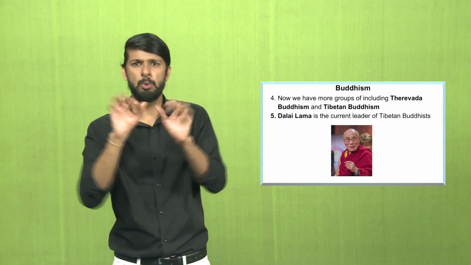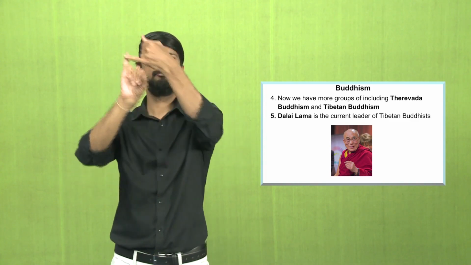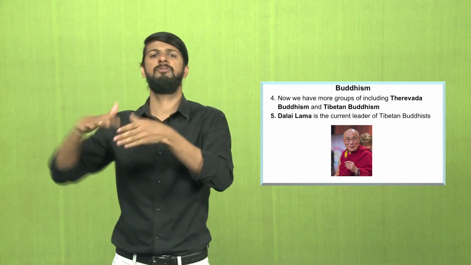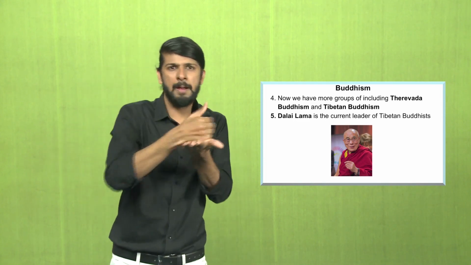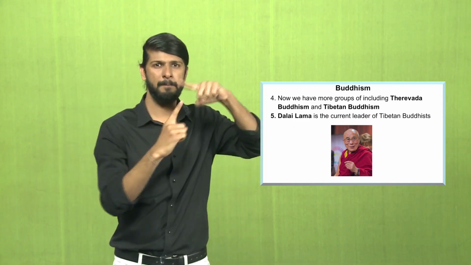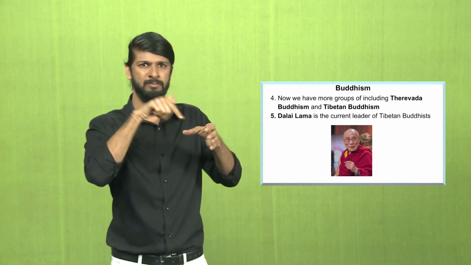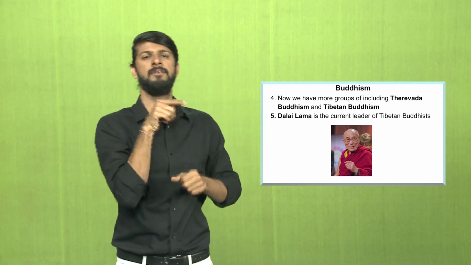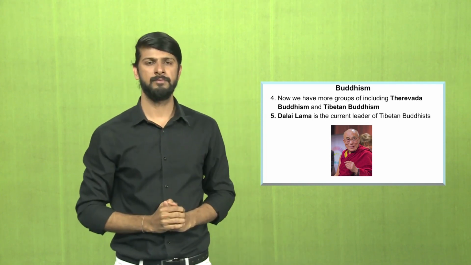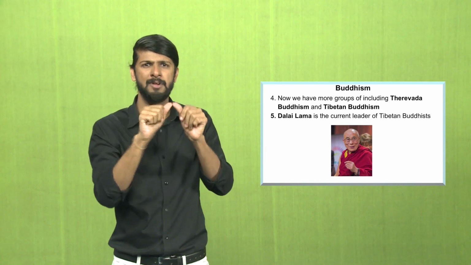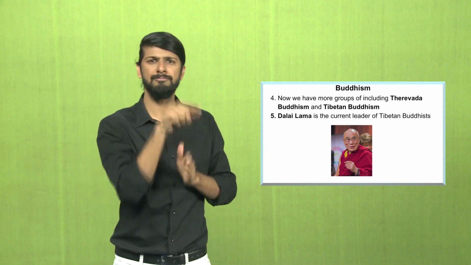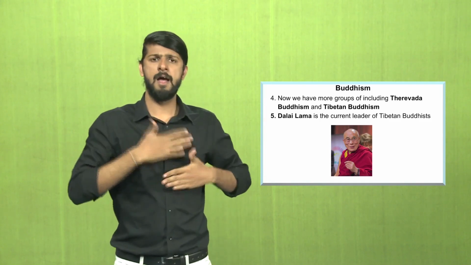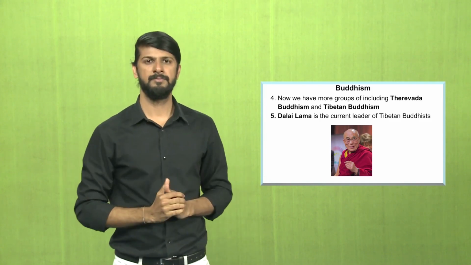For example, Theravada Buddhists, primarily in the south, places like Sri Lanka, Thailand, etc. And we also have Tibetan Buddhism. And more in the north. Dalai Lama is the current leader of Tibetan Buddhists, and he is still alive.